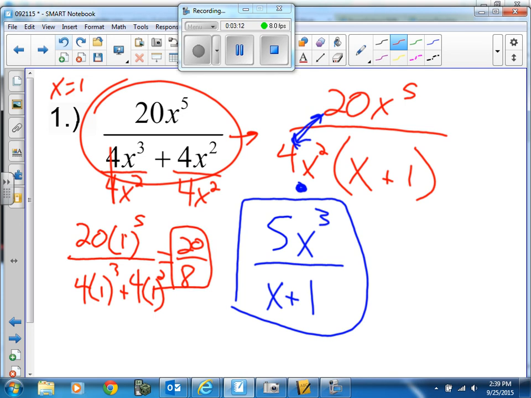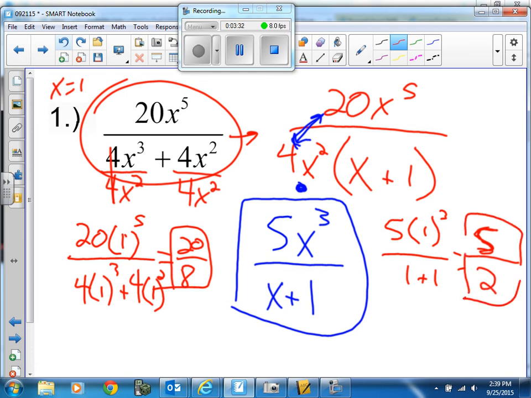All right, now if I plug in 1 to this one, I end up with 5 times 1 to the third all over 1 plus 1. 5 times 1 to the third is just 1, so that's 5. And 1 plus 1 is 2. Now you might say, well, wait a second, those aren't equal.